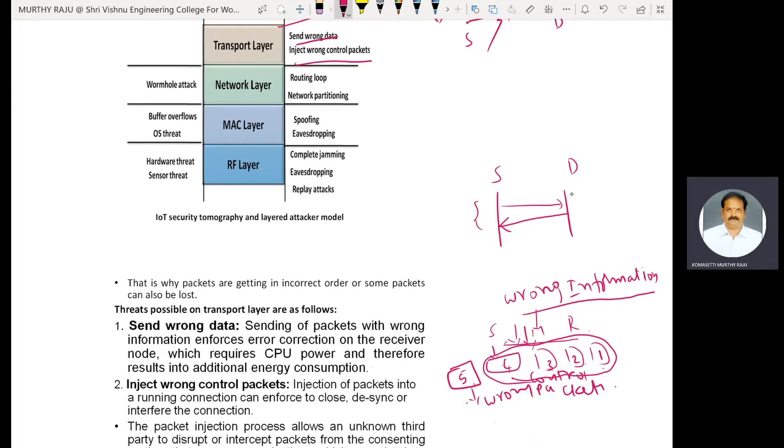In this process, third parties enter and inject wrong control packets from the source node to the destination node. Therefore, the communication is disturbed. Finally, the connection between the source node and the receiver node is disturbed.